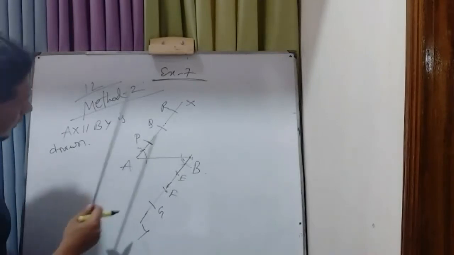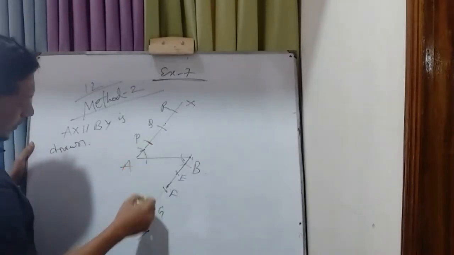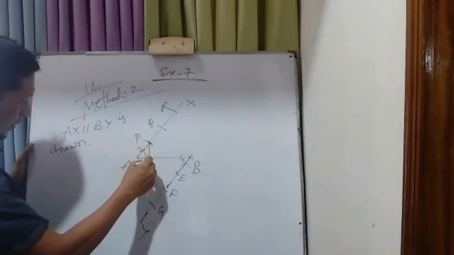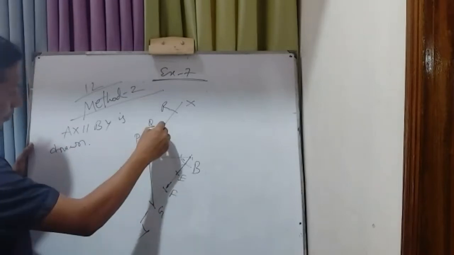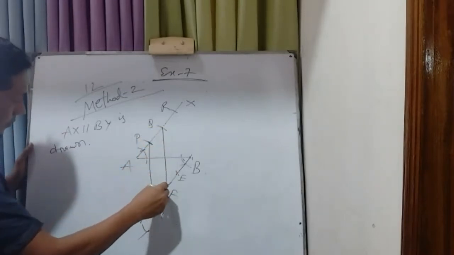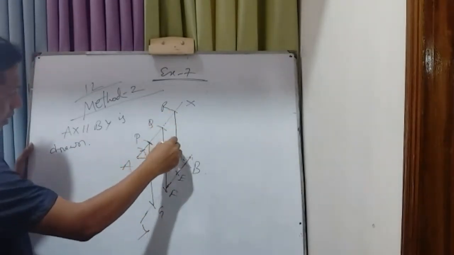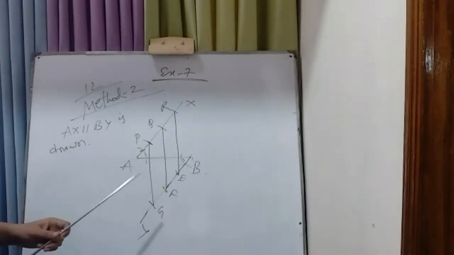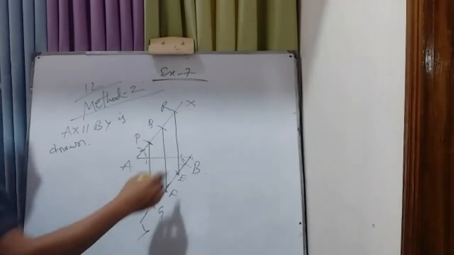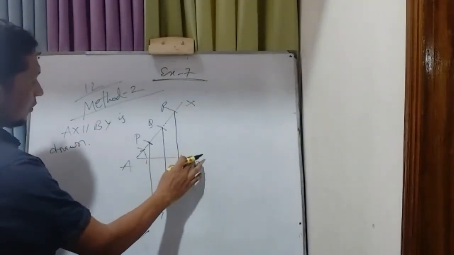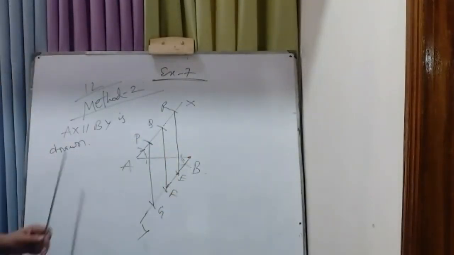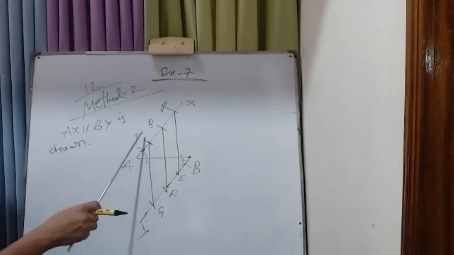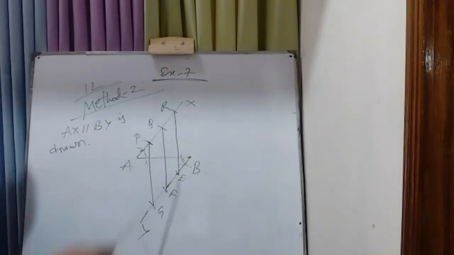So now we will join PG, QF, and RE. If we join them, you see the line AB has been divided into 4 parts by these 3 lines, PG, QF, and RE.